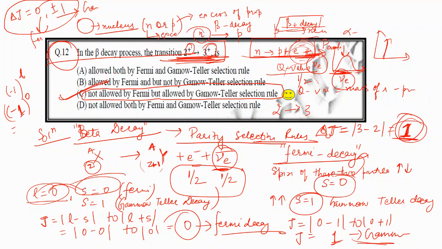Right? But suppose there is a case like this, 1 by 2 plus to 1 by 2 plus. Can any one of you tell me by which transition it will go? Either Fermi decay, or Gamow-Teller, or both? Delta J is 1 by 2 minus 1 by 2 to 1 by 2 plus 1 by 2. Yes, so both will come, 0 and 1.